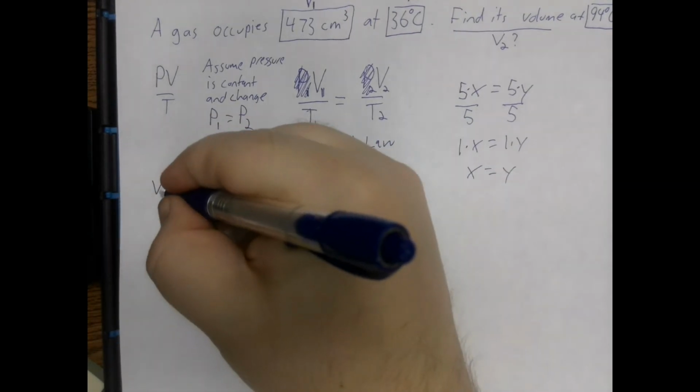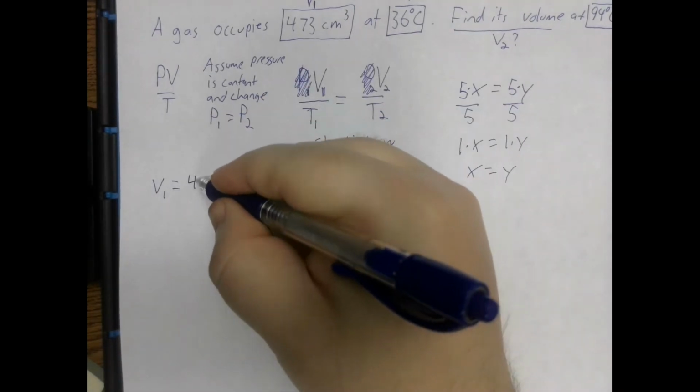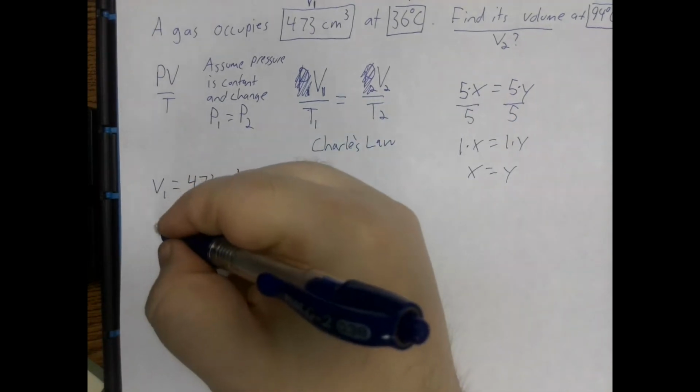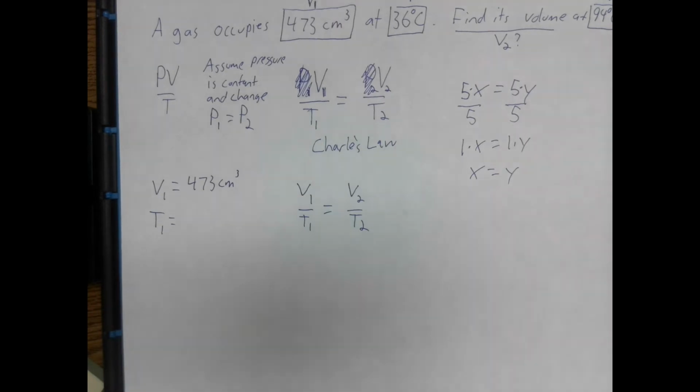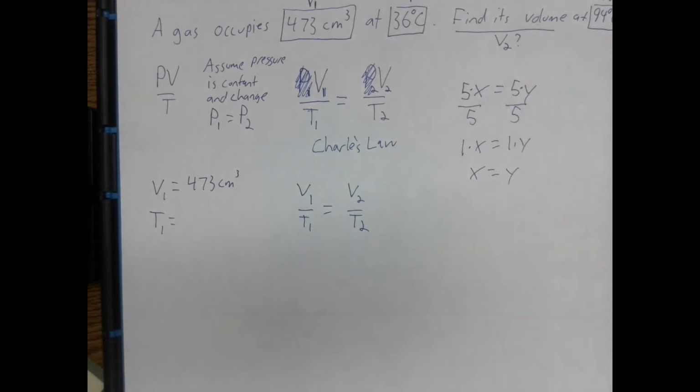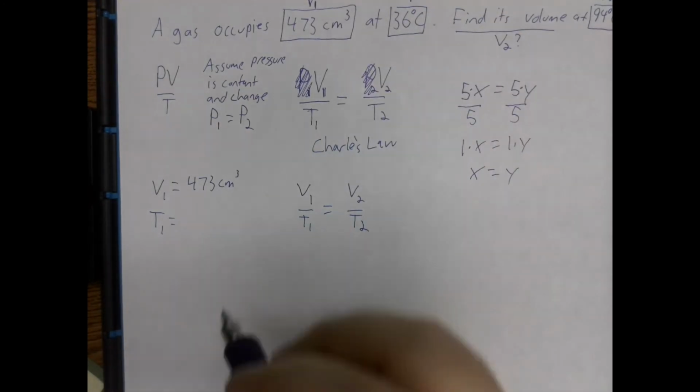We know that V1 is equal to 473 cubic centimeters. What would T1 be? So is this a change in temperature? It is not. It is an absolute temperature. It's a specific value.